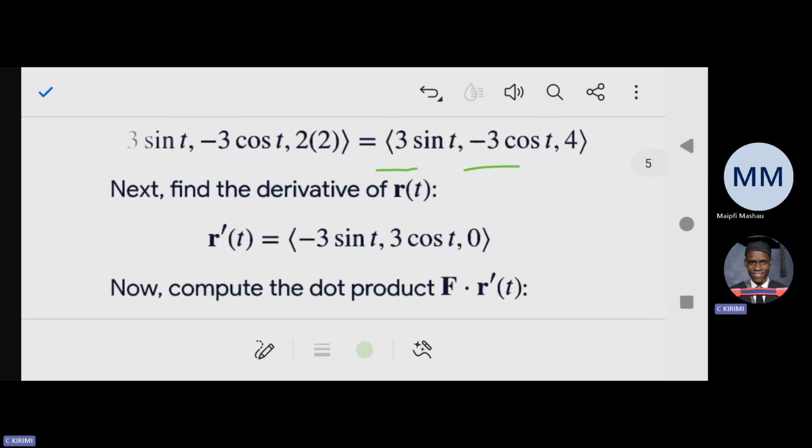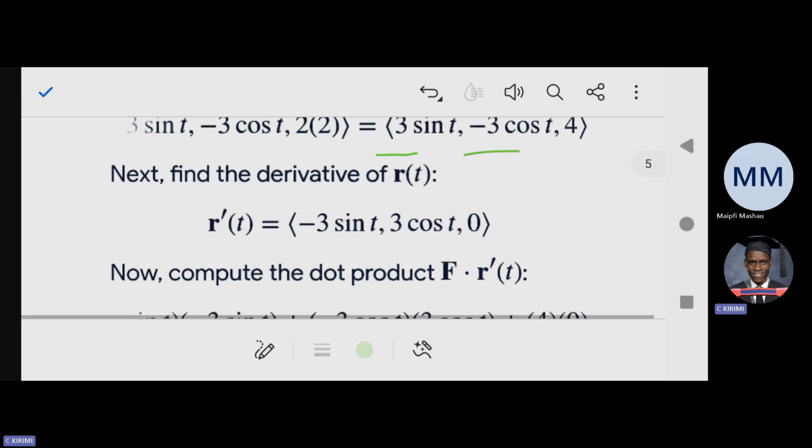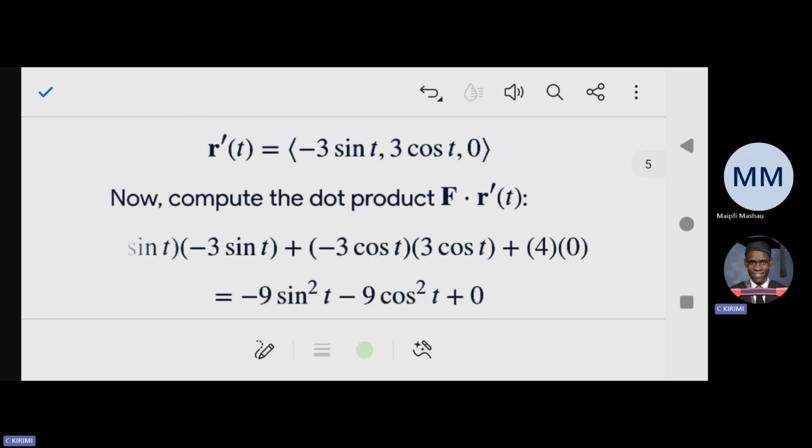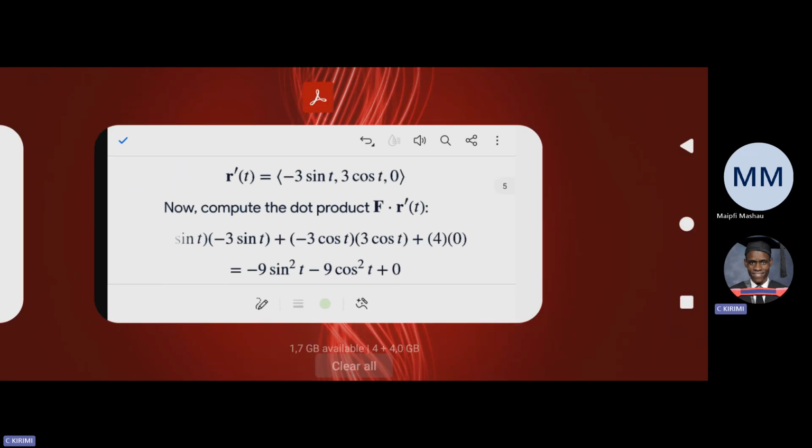Now after you are done, you compute the dot product. What is f dot r prime of t? If you dot product, which means the first column times the first plus the second times the second plus the third times the third, then that's how you do dot product. After dotting, you find that it's minus 9 sin squared t minus 9 cos squared t.